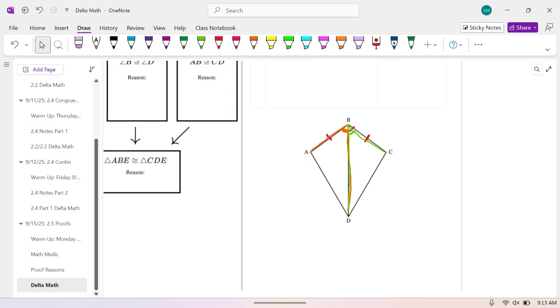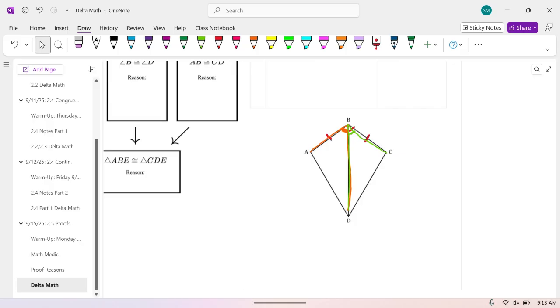What's one more statement that I can accurately say is congruent because of the information that I know? Say it again. Line BD is what? Congruent to itself. All right.